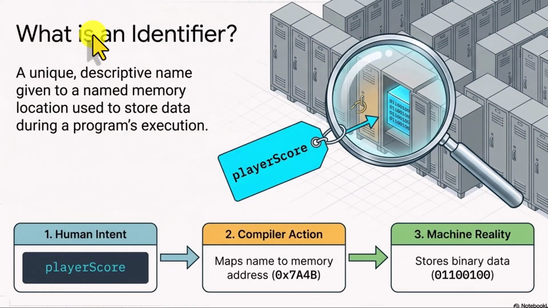What is an identifier? An identifier simply is a descriptive name given to a named memory. The name of a variable or constant, the name that you give to it, that is called an identifier. And identifiers work like this: we give them any name that we understand. But computer memory is not named like this.